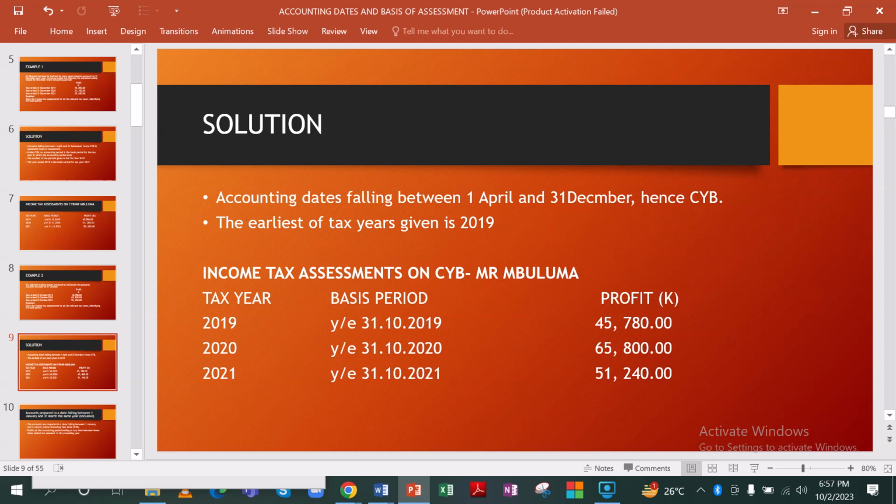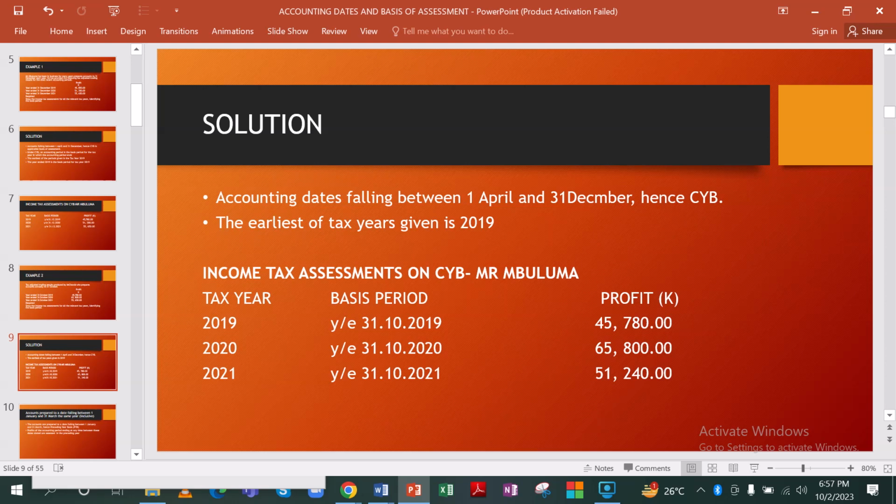Equally for 2021, you identify the tax year 2021. Which income are you assessing? Which period did it end? That's the basis period. Year end 31st October 2021, amounting to 51,240. Okay, so that's what we were asked to show, to demonstrate, calculate or present.